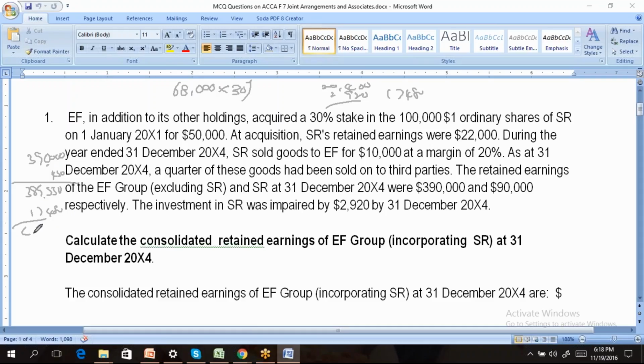We have to look carefully at the dates, because this question was big and a lot of figures are given. So go step by step: post-acquisition profits first, the impairment second, the intercompany last. Don't try to confuse everything. Do it separately, then bring everything together. Is it clear? Good.